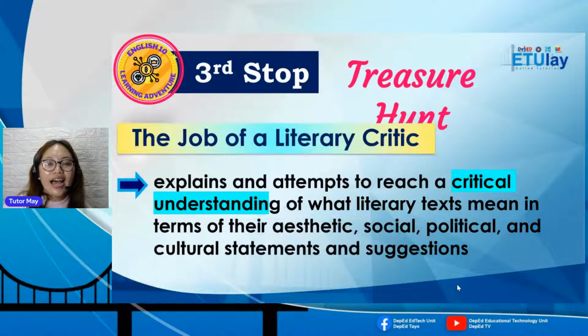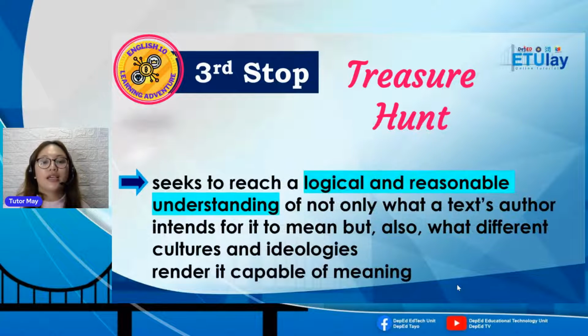So, as a literary critic, here is what you're going to do. First, you have to explain and attempt to reach a critical understanding of what literary texts mean in terms of their aesthetic, social, political, and cultural statements and suggestions. It's not easy to be a literary critic, but we will try. There's magic in trying. It's not easy, but when you try, magic happens.